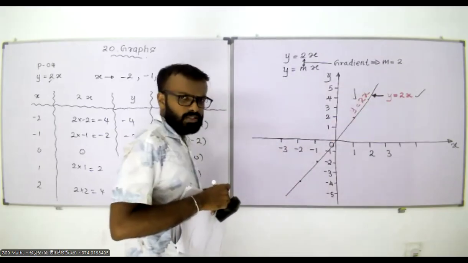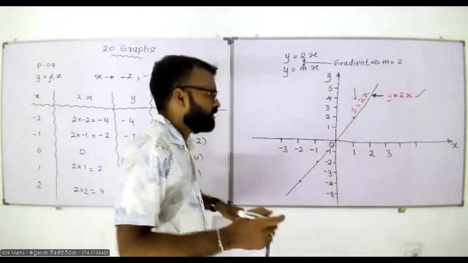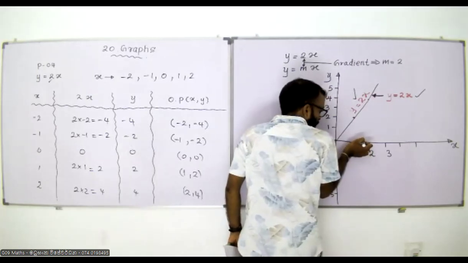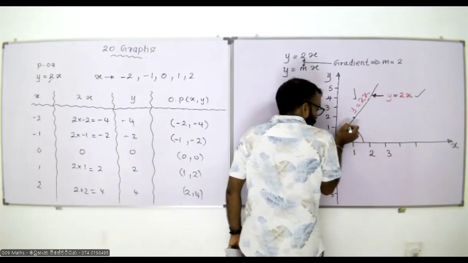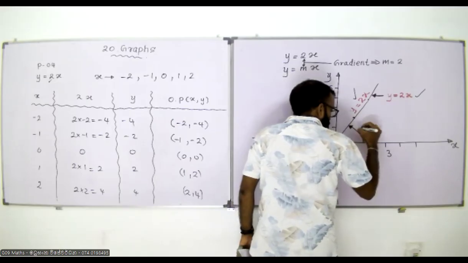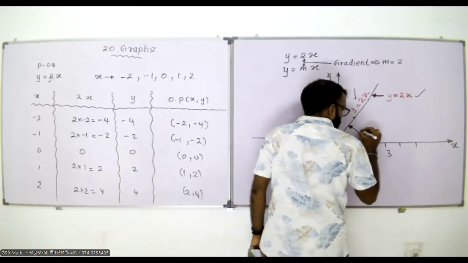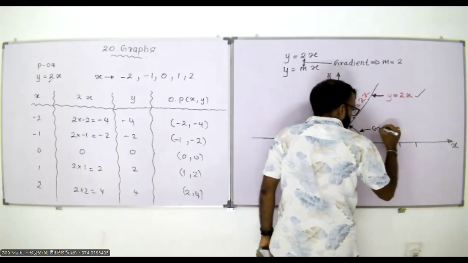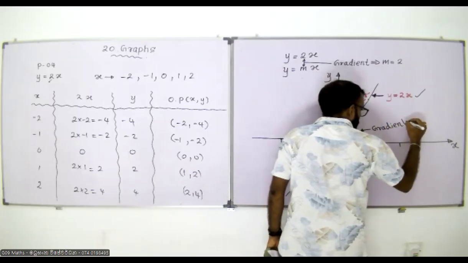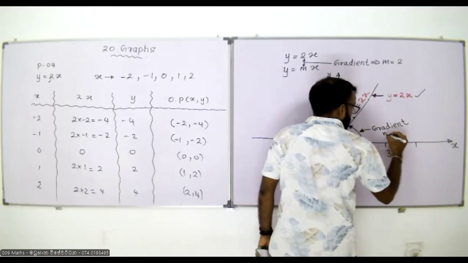And what is called the gradient? The gradient is this angle with the x-axis. The angle that your graph or the line made, this is called the gradient. This angle is called the gradient of the graph. M equals 2.